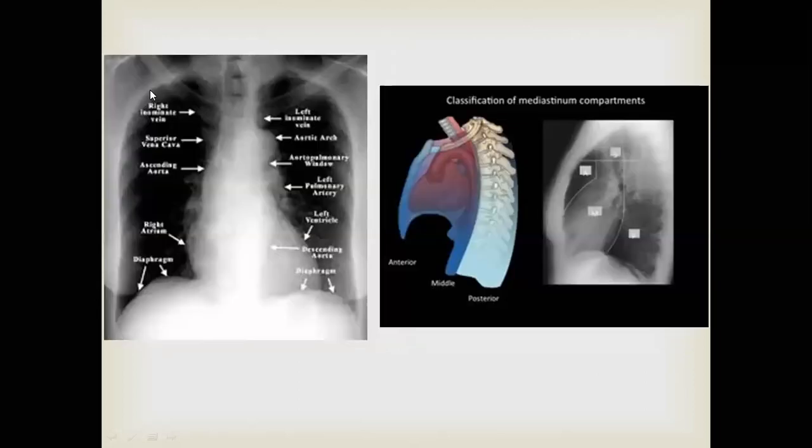Clear, shabab? Yes, here, this is the heart and the arch of the aorta. This is the diaphragm here, and the black color on each side will be lung.